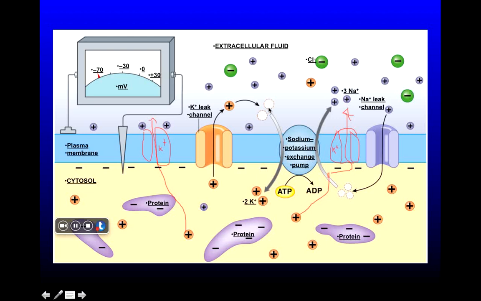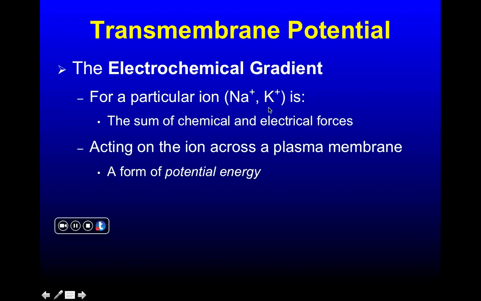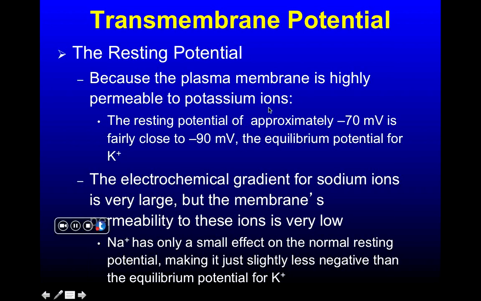There's no way to respond to a change around the cell. If we keep it out of balance, then we can respond to changes. This is what makes our cells excitable. The resting membrane potential is what makes our cells excitable, right? These are just the words.